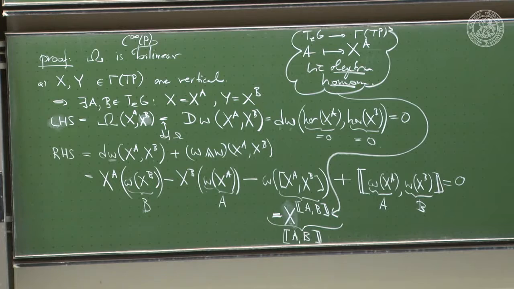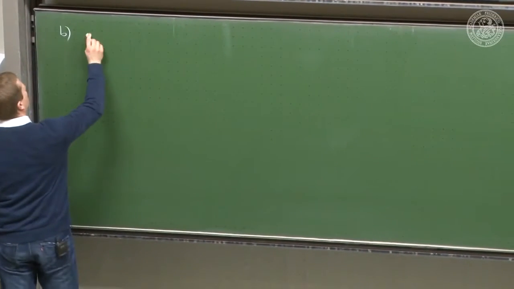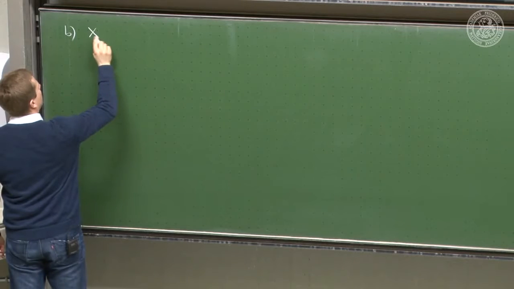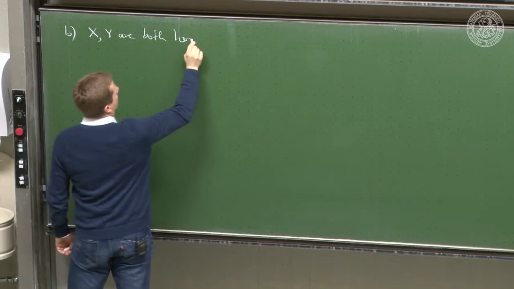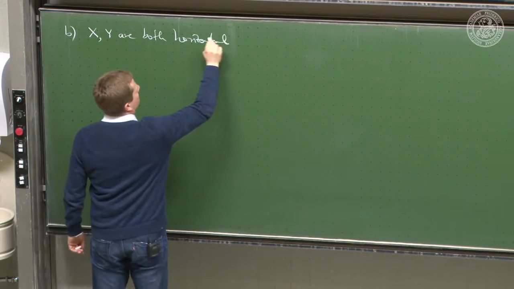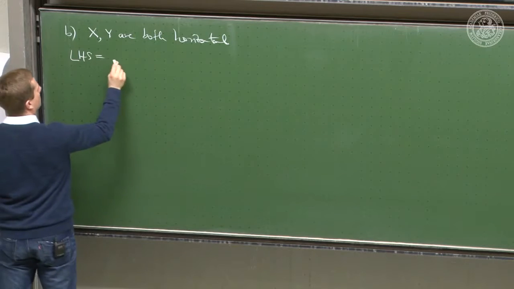Now what about the case B, that the vector fields are both horizontal, and then the case C will be that one is vertical and one is horizontal. So now let's assume x, y are both horizontal vector fields. Then again we have the left-hand side.